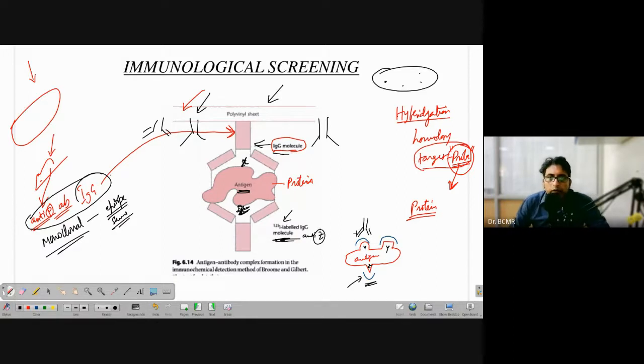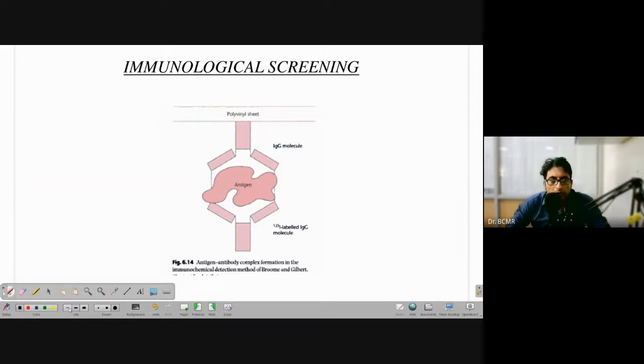The question I will have, or why I actually have this slide, is: what if we just label this one? Why not label just this one? Why do you want this antibody? Anybody?